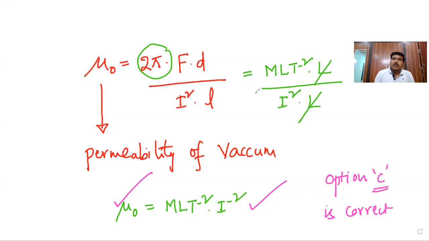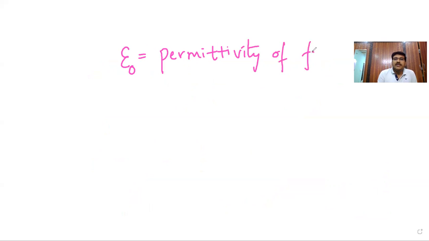Okay. Now, let us also see the dimension formula of the permittivity of free space. This is known as permittivity. Earlier, mu naught was permeability. Now it is permittivity, epsilon.